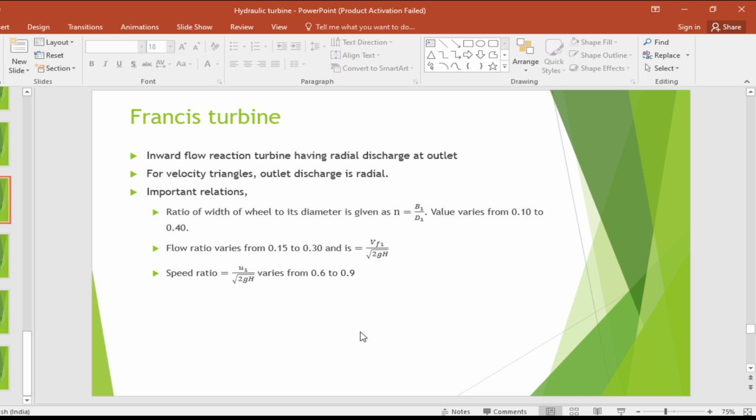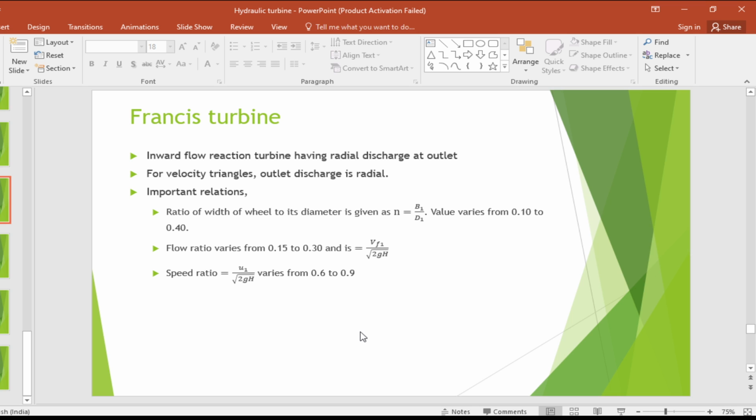That means the radial discharge at outlet. And the Francis turbine is an inward flow reaction turbine. This name, Francis turbine, is given after the American engineer J.B. Francis. He designed that inward radial flow reaction type of turbine.